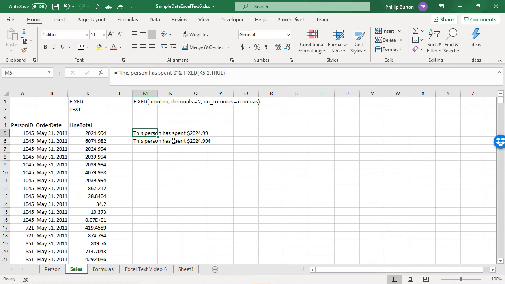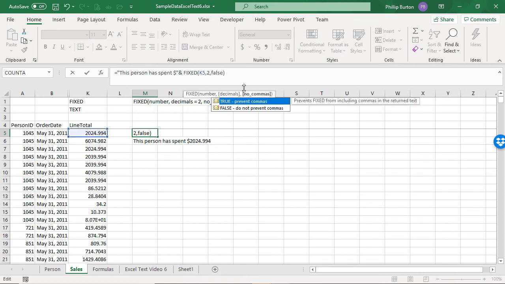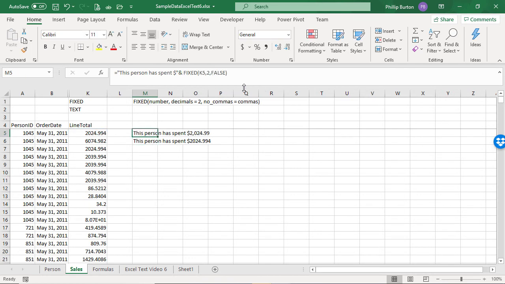So true will mean we have no thousands separator, and false, which is the default, means we have a thousands separator. So fixed is a way to do an explicit conversion of numbers into text, and then you can do what you would do with any text field. You can combine it with other text fields or anything else you might want to do.